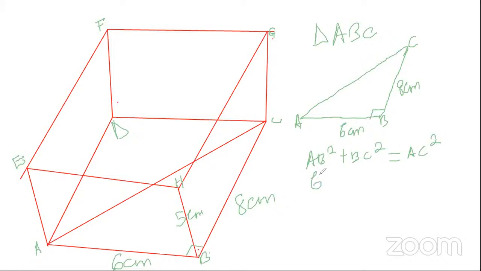So this will be 6 squared plus 8 squared equal to AC squared. What is 6 squared? 36. Then 8 squared.